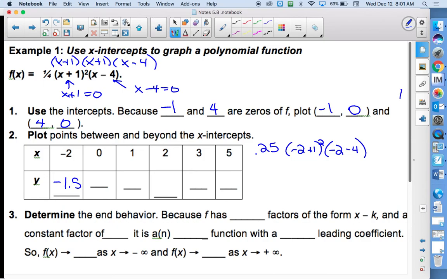Emma, do you have the value for the other 5 values? What do you have? You said 1/4? And then -3? Okay.